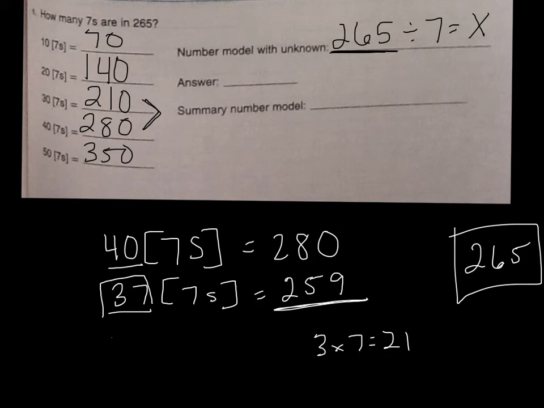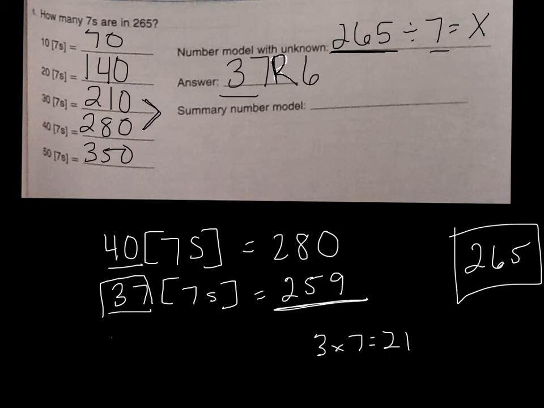We know our whole big answer is 37. But when we do 37 times 7, it only gets us to 259. So what is our remainder? How much more do we have to go from the 259 to the 265? Right, we have a remainder of 6. So we write 37, remainder 6.